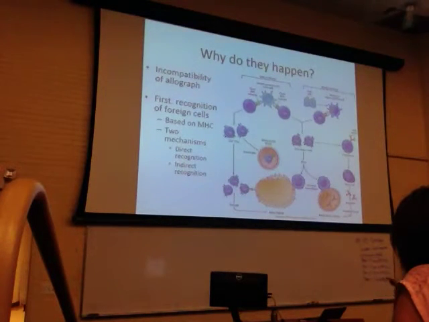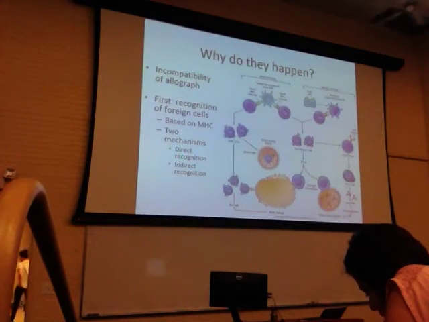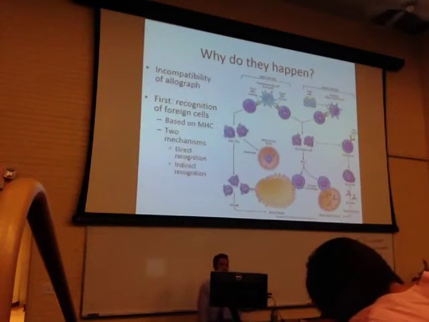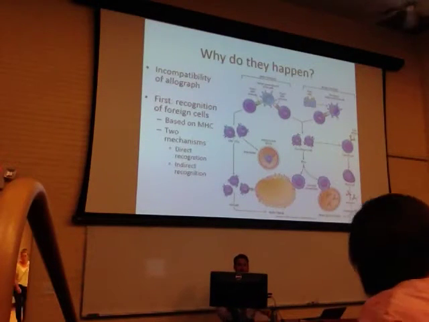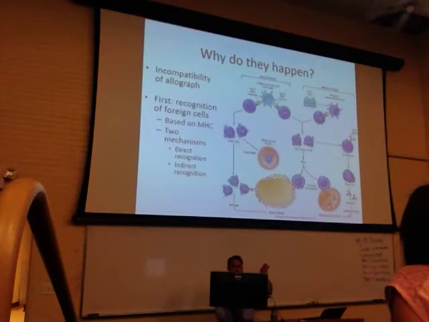And we have a situation over here with the direct pathway where the antigen presenting cell is found in the graft. And the graft, in this case, is the donor kidney. So the donor kidney has an antigen presenting cell within that tissue, and it's showcasing this class 1 MHC molecule.